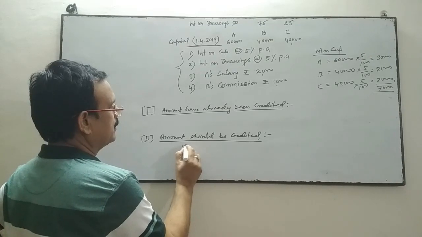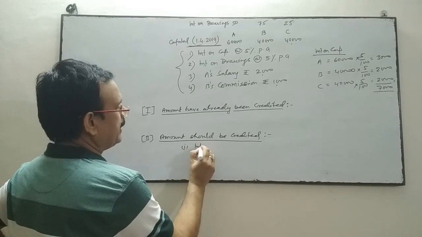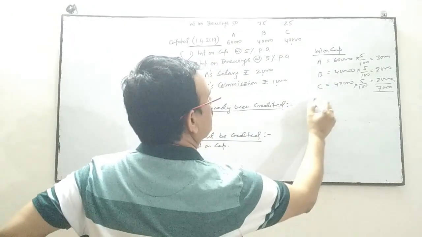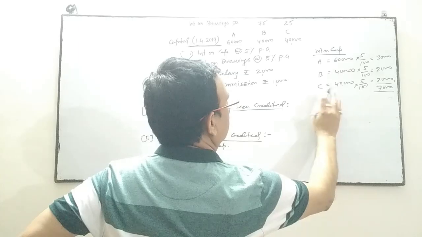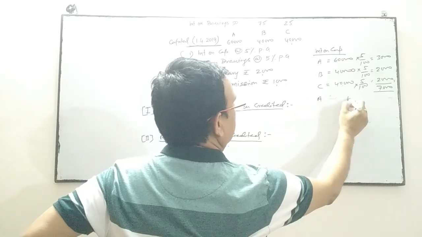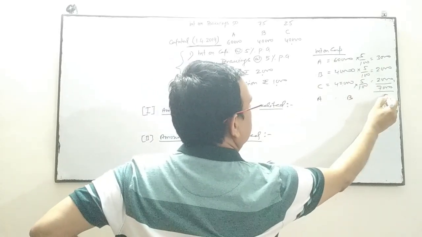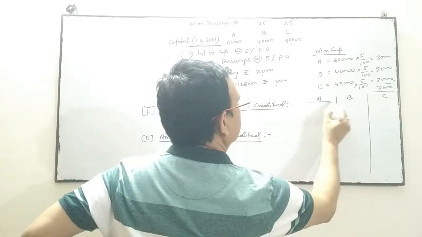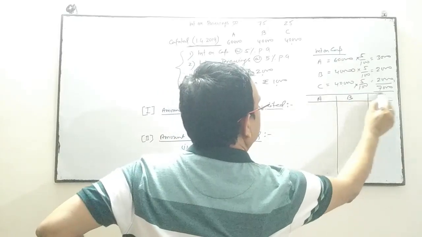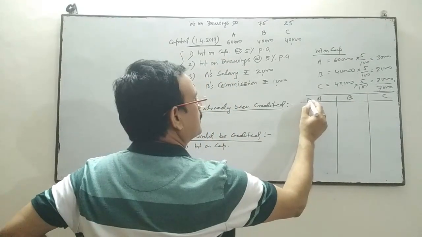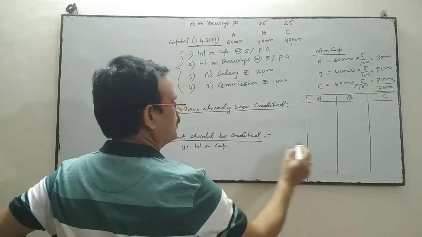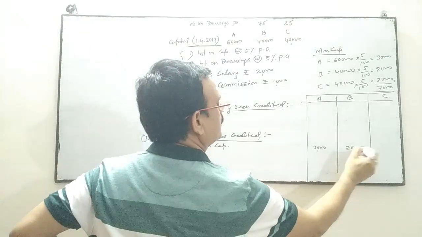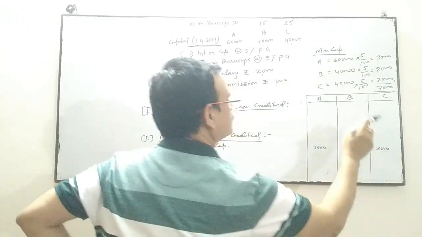So the amounts that should be credited. Number one, interest on capital should be credited, for partners A, B and C. So interest on capital 3000, 2000 and 2000 should be credited.